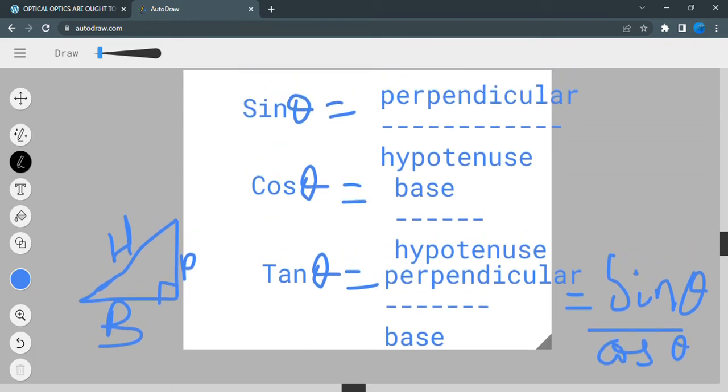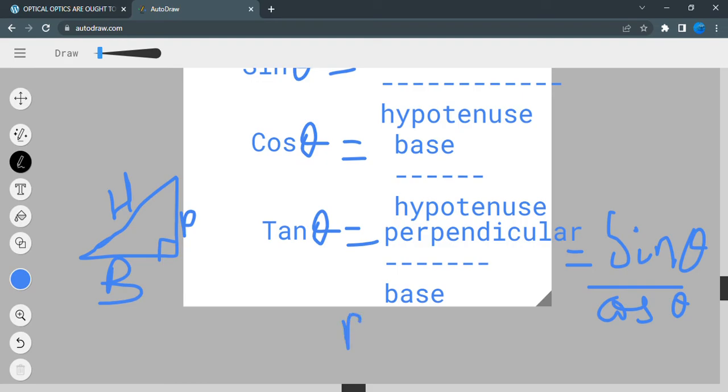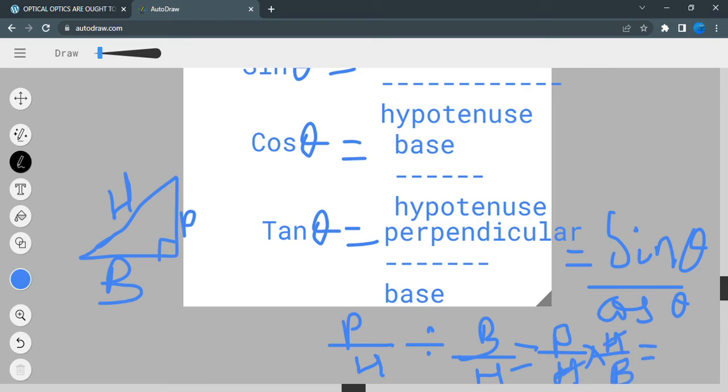As sine theta is perpendicular upon hypotenuse, let's write it as p upon h, and cos theta is base upon hypotenuse. Since we are dividing, we take the reciprocal of base upon hypotenuse, and we cancel out h and h, so we get perpendicular by base. This is how we get the value of tan theta.